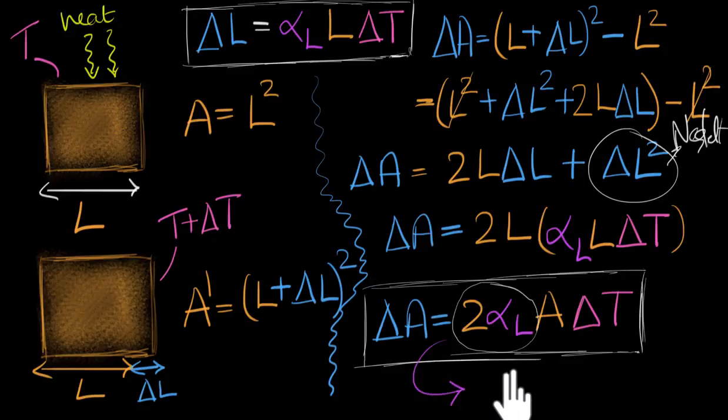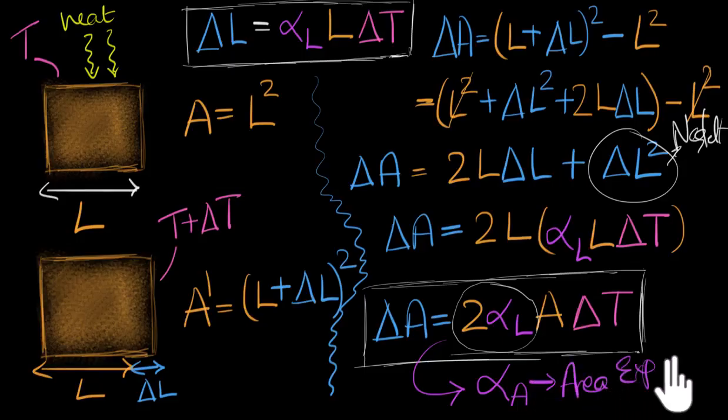And we often write this as alpha A. And we call this as the area expansion coefficient. So just like how alpha L helps us calculate changes in length, alpha A helps us calculate changes in area.